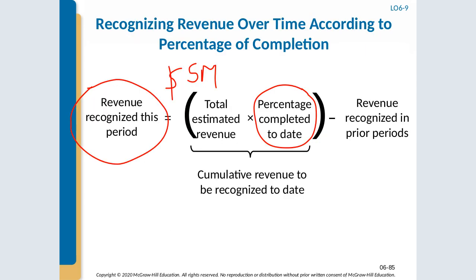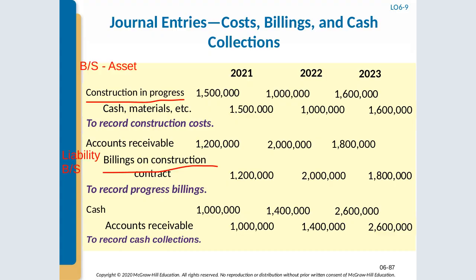Okay, so when we bill our customer, instead of crediting sales revenue, for example, we are going to use this billings on construction contract account. Okay, we're going to use this billing. It's kind of like deferred revenue, but we're not calling it that. All right, not exactly. So again, this account is going to be closed at the end of the construction once it's completed. So again, it's just a conduit.